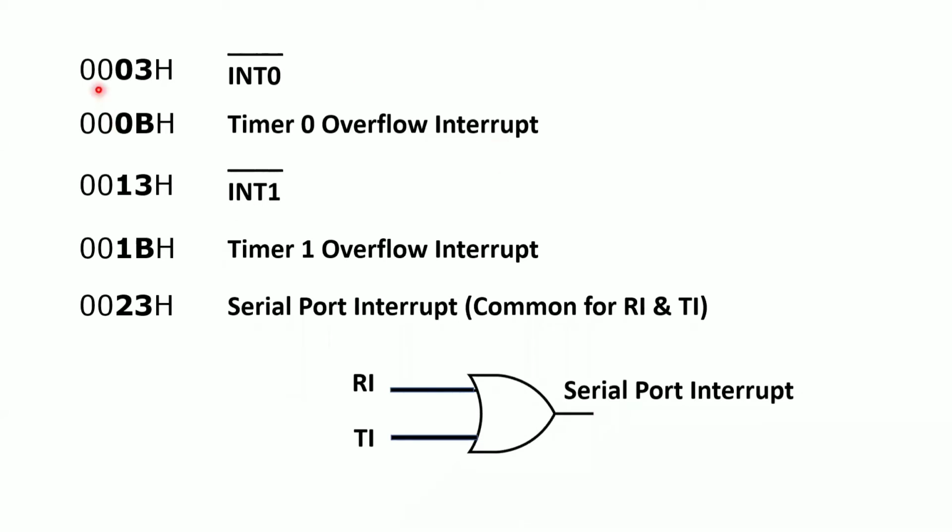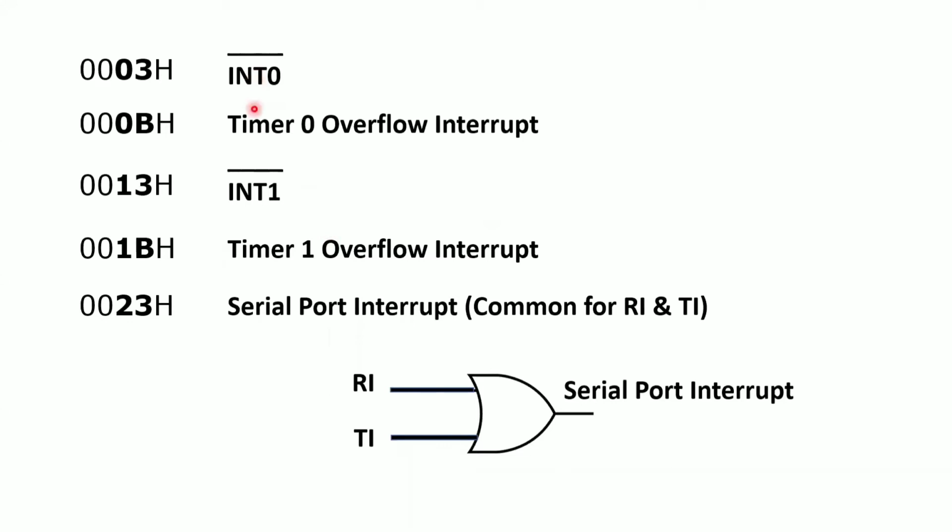Coming to these interrupts, all the 5 interrupts in the 8051 microcontroller are called vectored interrupts. What is meant by vector? Vector is nothing but the address of the interrupt. In physics, you can say that a vector has both magnitude and direction, but here, from the point of view of the 8051 microcontroller, a vector is nothing but the address of an interrupt.